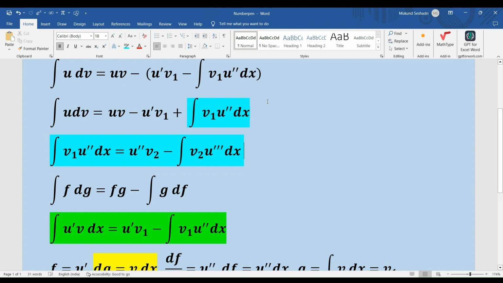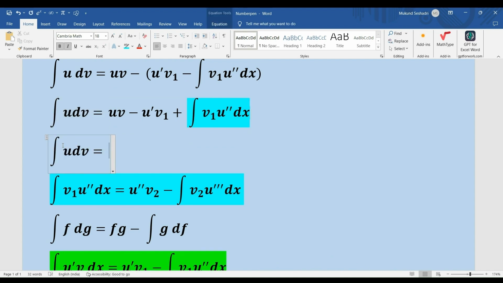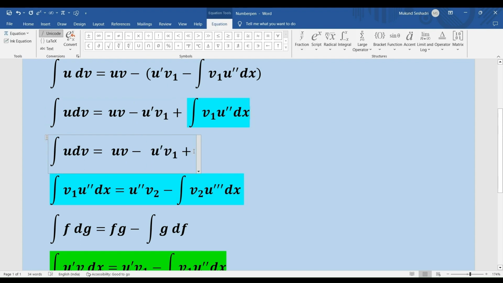Now I go back again to my u dv, and I'm going to expand this using whatever I have written down just now. So my integral of u dv is equal to uv minus u dashed of v1 plus, now my integral of v1 into u double dash dx becomes u double dash into v2 minus integral of v2 into u triple dashed, right?